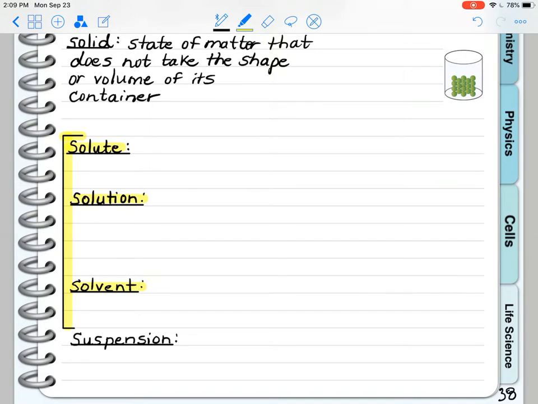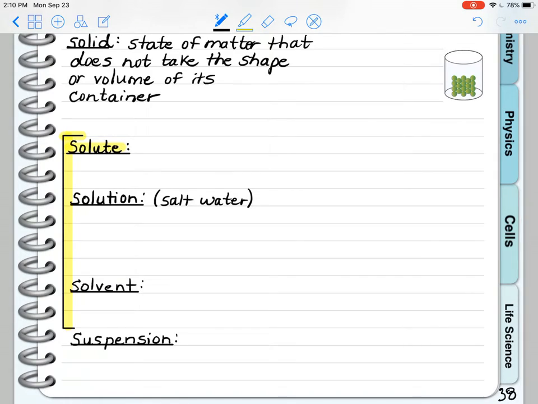They're not morphemes, but they go together. And to help you understand this one, I want you to think about salt water. Okay, salt water is a solution. So I know I'm skipping around just a little bit, but that's okay. The solution that we're going to talk about is salt water.